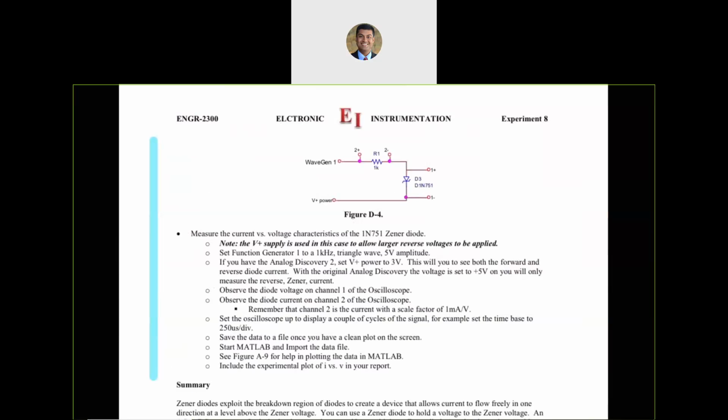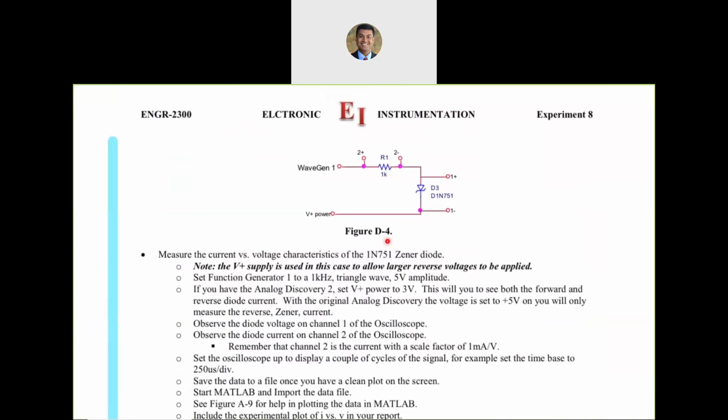So the circuit that we are going to build is in figure D-4. We have a wave gen connected to a resistor of value 1K. This is going to be our brown, black, red resistor. And we are measuring the voltage across the resistor on channel 2 of the oscilloscope. Then we have a Zener diode D3 with part number 1N751.